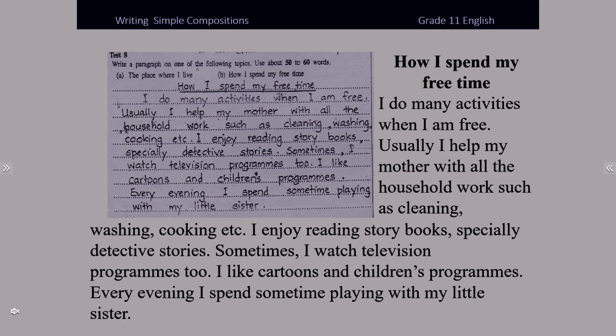How I spend my free time. Usually, normally. Right. I do many activities when I am free. Usually, I help my mother with all the household work such as cleaning, washing, cooking, etc. I enjoy reading storybooks, especially detective stories.